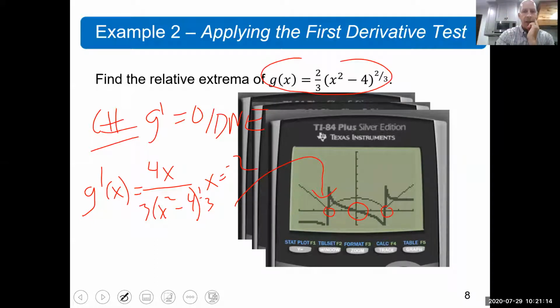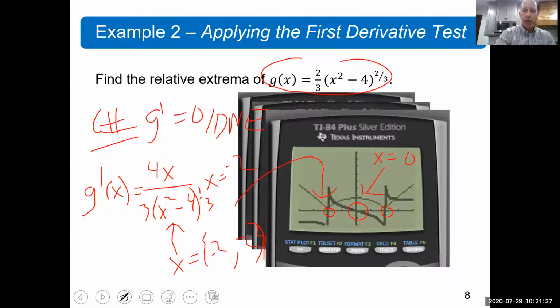So you can see that we have that critical number there of x equals 0. So that's when the derivative was 0. But then these two here, that's when x is equal to -2 and 2. Those are your other set of critical numbers. And basically, I'm not going to finish this example. I just wanted to point that out.